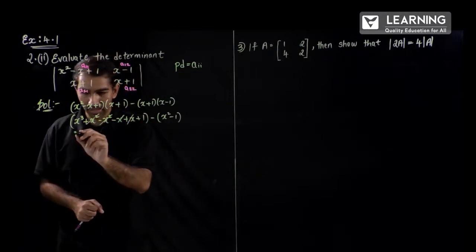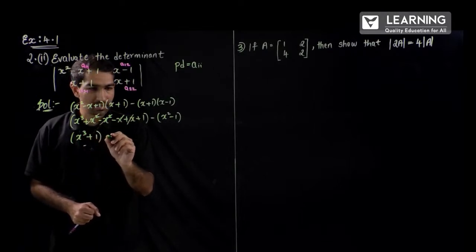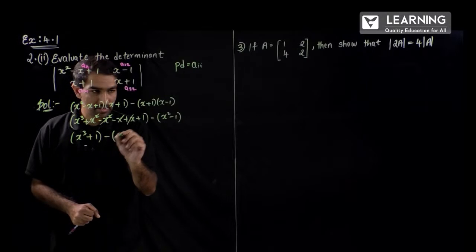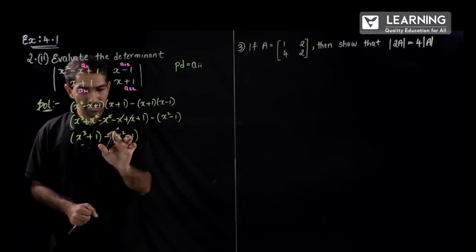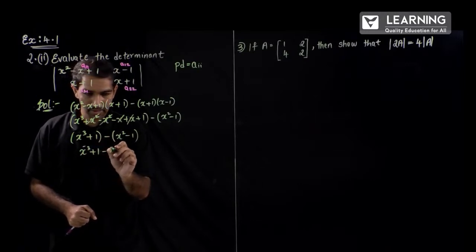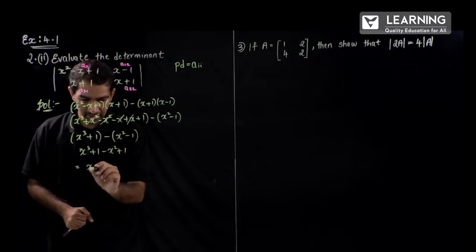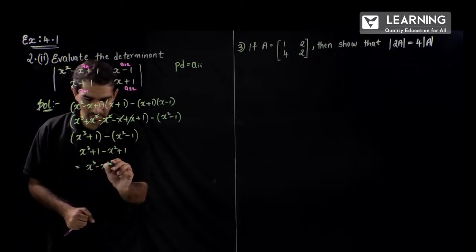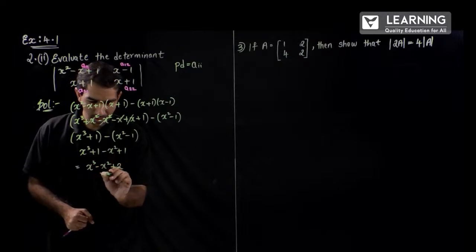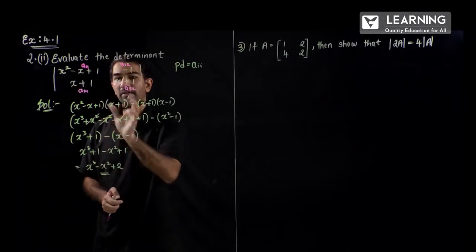What is remaining now? x cube plus 1 minus (x square minus 1). Distribute this minus sign inside. So we'll be getting x cube plus 1 minus x square plus 1. Finally we can write x cube minus x square plus 2. So this would be the answer for the given determinant.